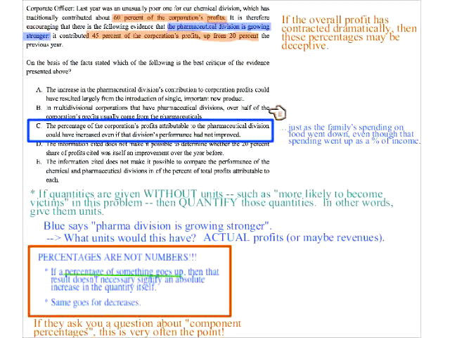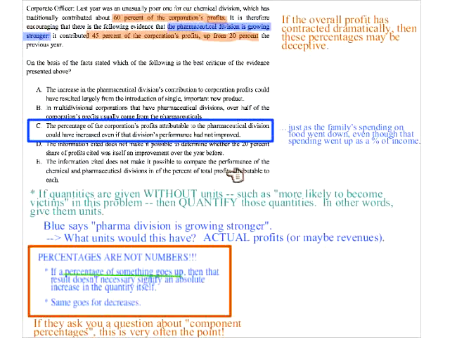E says the information cited does not make it possible to compare the performance of these divisions in terms of the percent of total profits attributable to each. If people picked this, it looks like the word terms here is missing. I copied and pasted this from a compilation of problems, so there shouldn't be too many typos, but it looks like this should say in terms of.